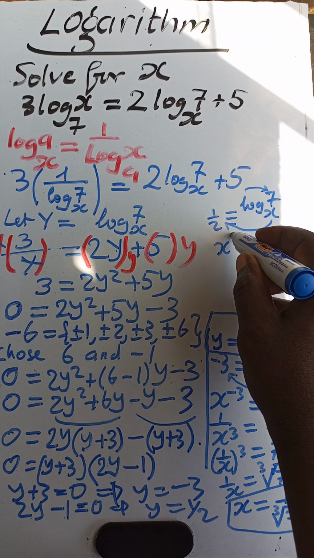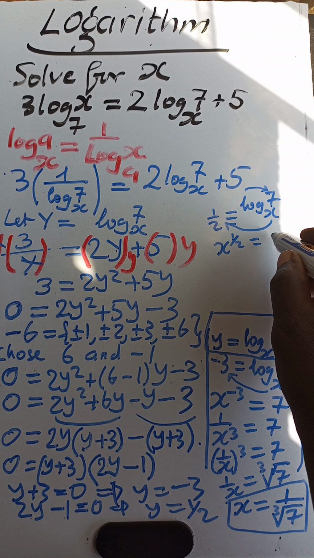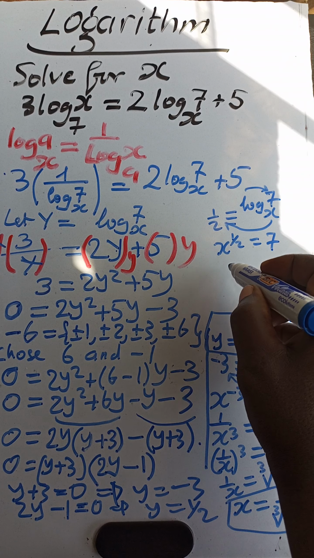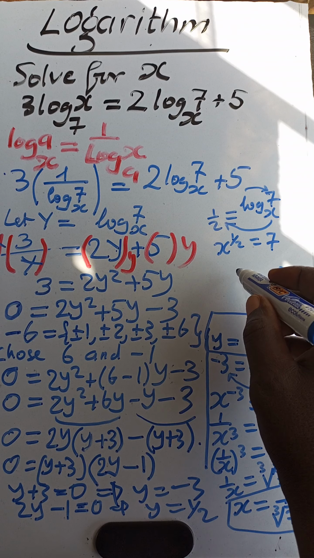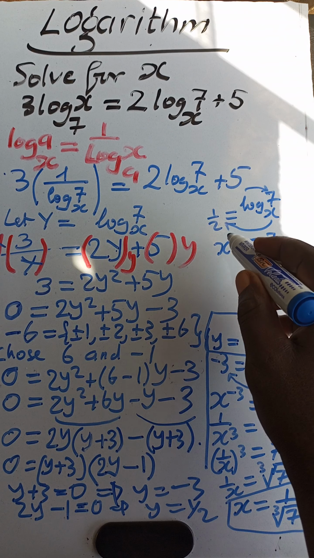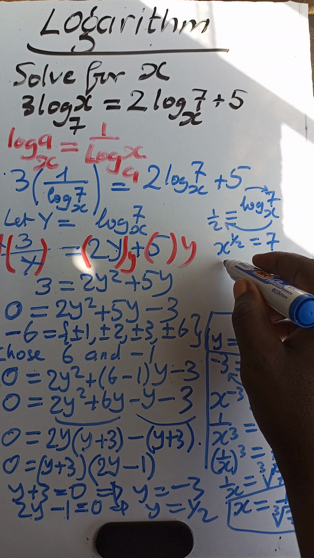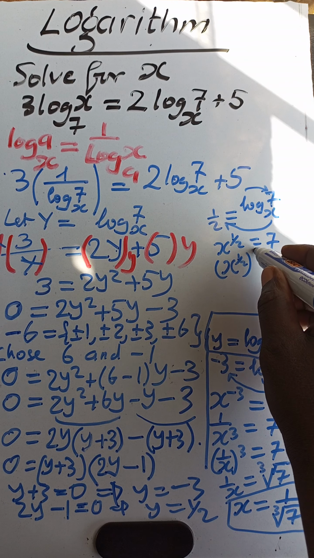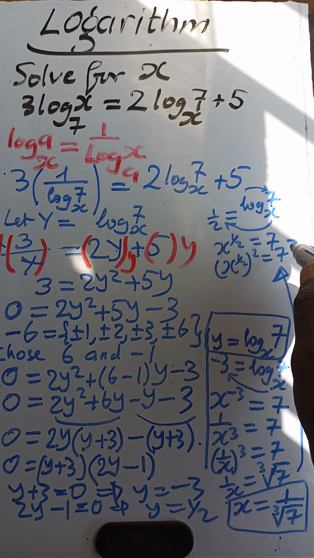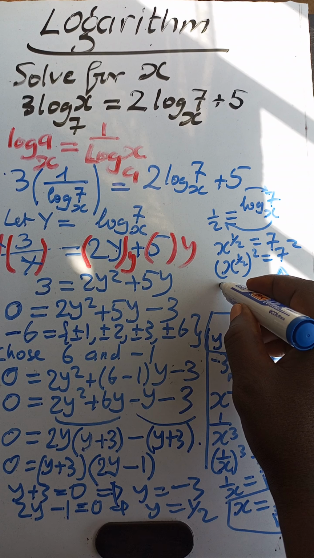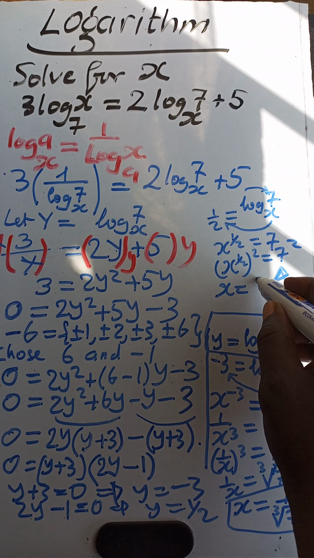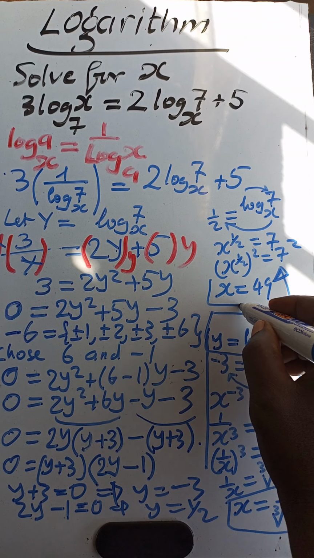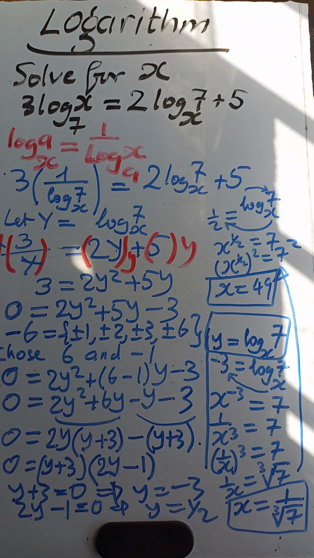So we have x to the power half is 7. Power half means square root. To remove the power half, we take squares of both sides. It therefore means that x to the half, squared, is equal to 7 squared. x to the half squared is just x, and 7 squared is 49. So the second value of x is 49.